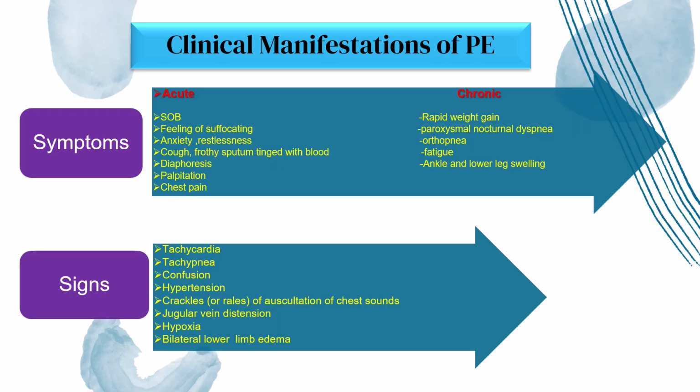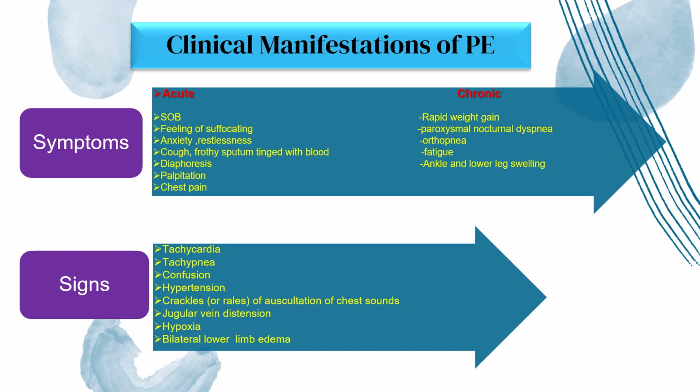Clinical manifestations are very important, because that is where nurses play an important role. It's very important for you to identify the clinical manifestations and filter them and say, okay, this is pulmonary edema, we need to act. As we always do, we identify symptoms that the patient comes with and signs that we see as a healthcare provider. Symptoms are acute and chronic.